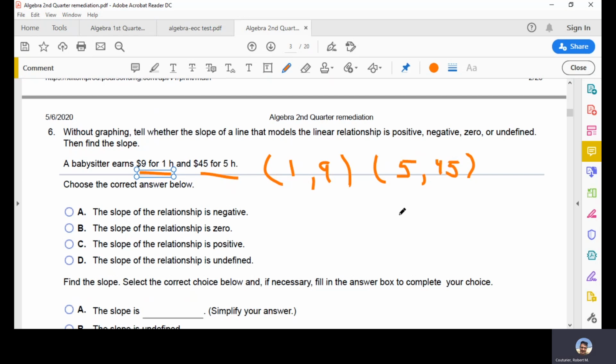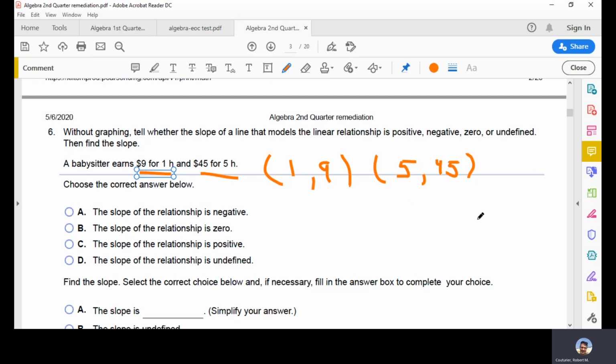And then what do you use? Our slope formula. Y2 minus Y1 divided by X2 minus X1. Keep, change, change, keep, change, change. Do the math and reduce. And you'll figure out, you don't even have to really do all the math, you're just trying to figure out, is it undefined? Is it positive? Is it 0? Is it negative?